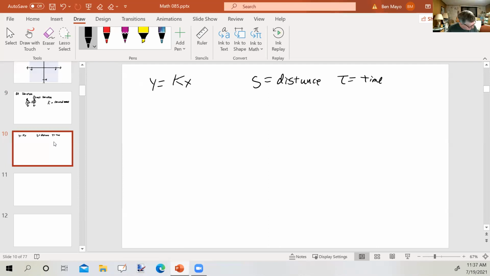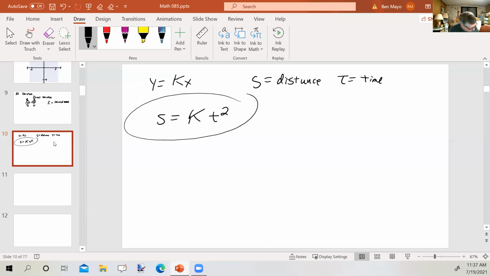So again it says an object in free fall, so in other words an object that's being dropped, travels a distance s that varies directly to the square of time. So s equals k t squared. Now it didn't mention k, it didn't mention the variation constant, did it? But k is always going to be present in any of these formulas, whether they mention it or not. So the distance varies directly as the square of the time. Okay, so that's where we get our direct variation formula.